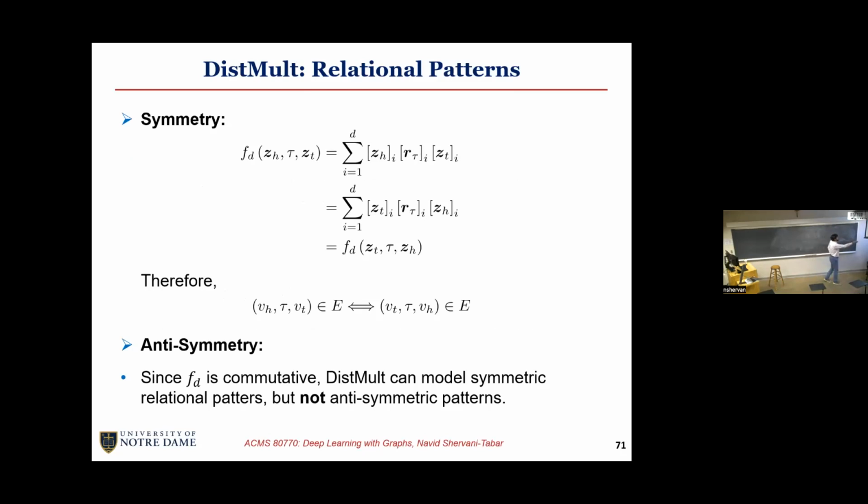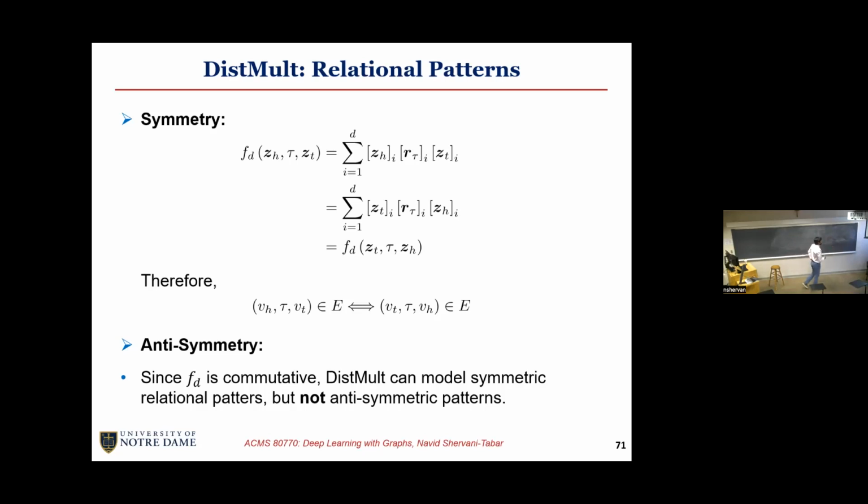We see that this is a commutative operation, so we can swap the places of z_h and z_t and it's still the same. If I do that, I get f_d of z_t, tau, z_h, so for both of these we have the same score. So we would be able to infer symmetric relations between the entities using this model.